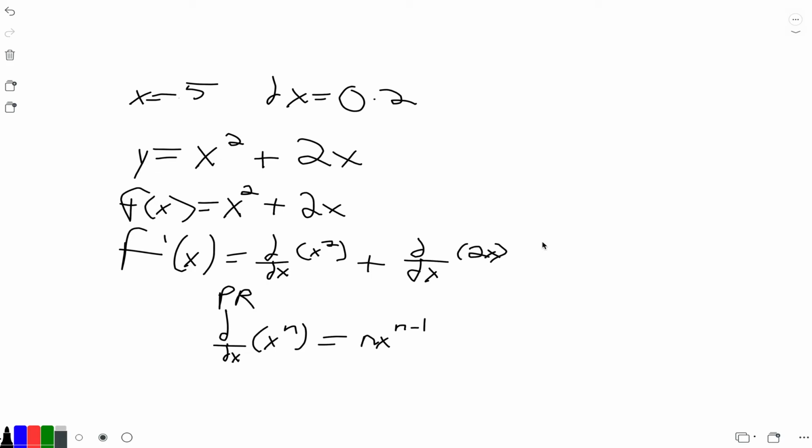For the second half of the equation, we use the straight line function formula, which states that the derivative of ax plus b is equal to a, with b equaling 0 since it has no assigned value in this case.